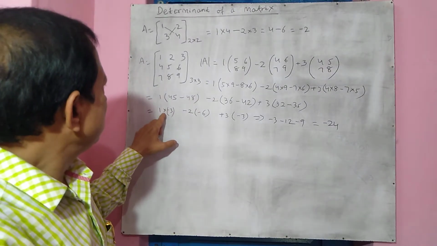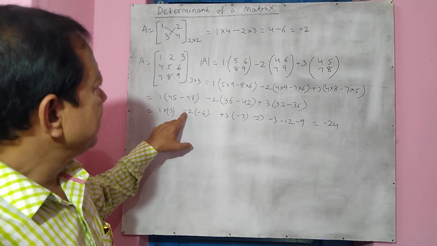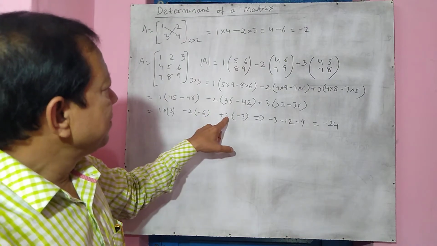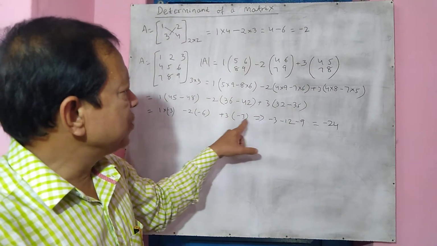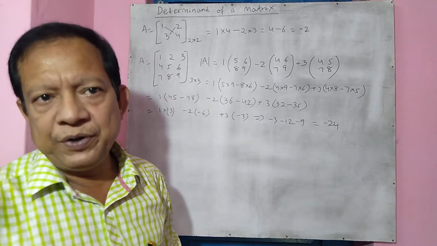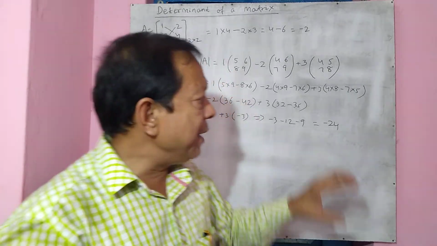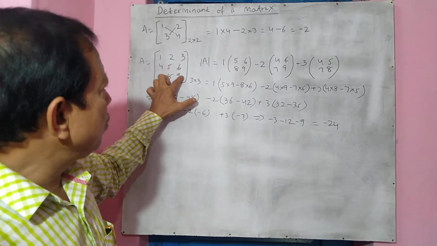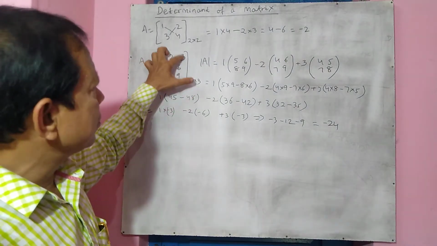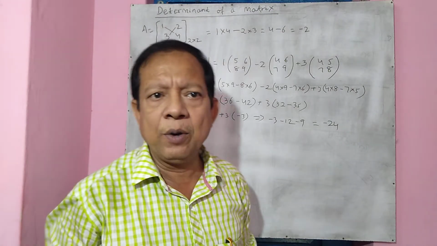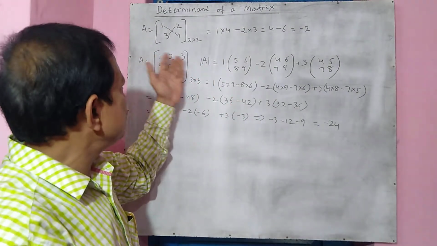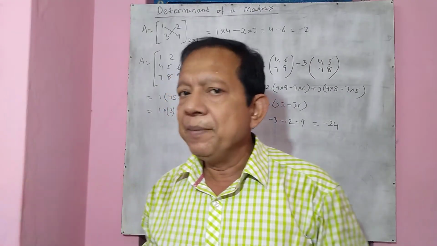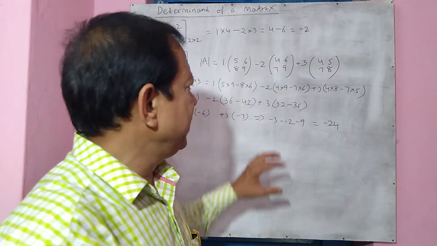So this comes to 1 into minus 3 minus 2 into minus 6 plus 3 into minus 3, that comes to minus 24, right? So the same result will occur if you take another row, third row, or even second column or third column, all the 9 combinations, either the 3 rows or the 3 columns, whatever you take, the answer remains same.